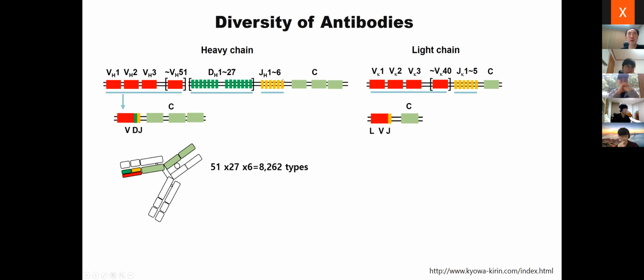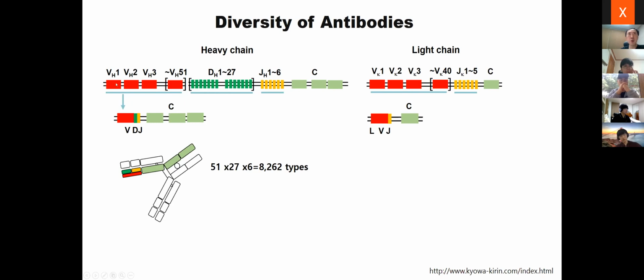Now, if I ask you how many genes are here, then you add up 51 plus 27 plus 6. Altogether, this is maybe 80, 90, so less than 100 genes. These genes are coding antibodies. But when they make an antibody, they do not use them all.